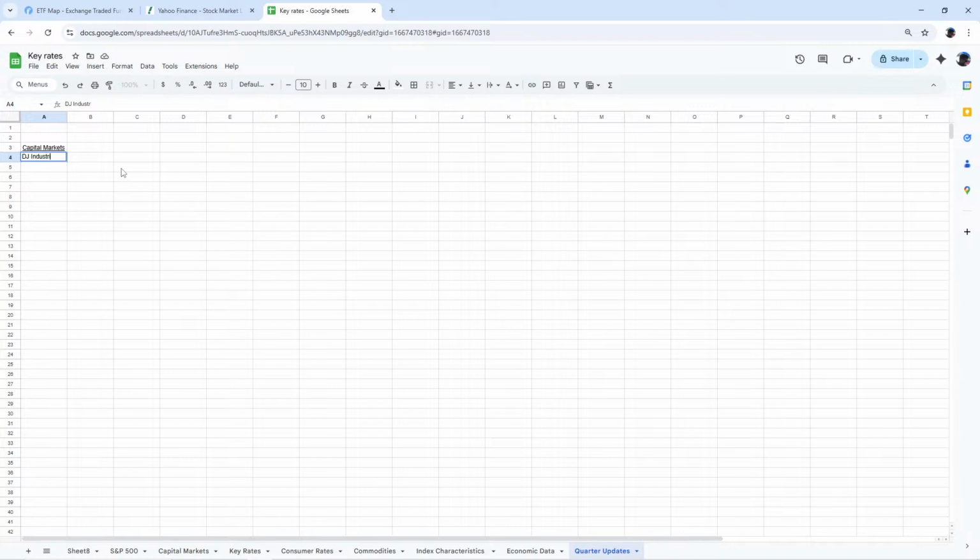DJ Industrial Average. Yeah, maybe NASDAQ 100. Russell 3000. The S&P 500 USD, and then go into domestic large cap equities. We're gonna underline that.